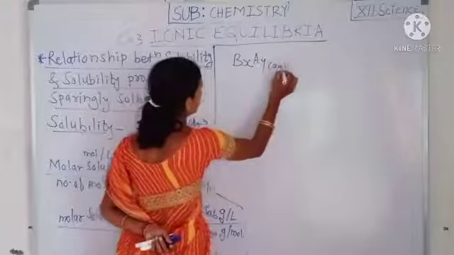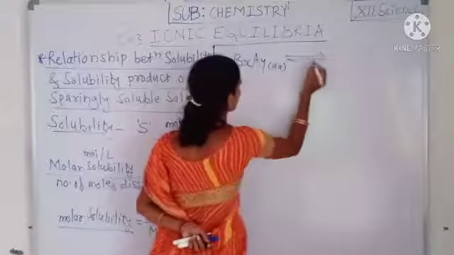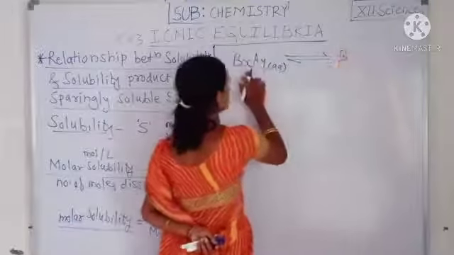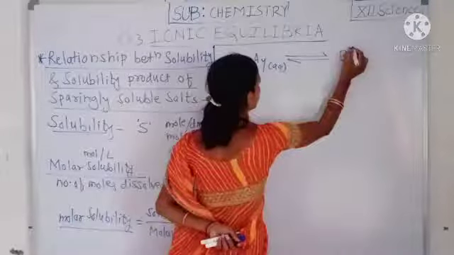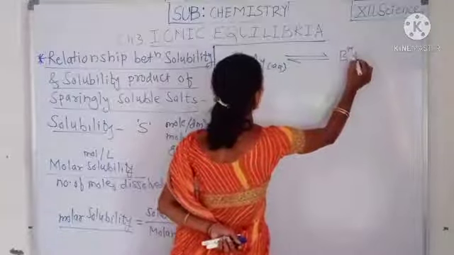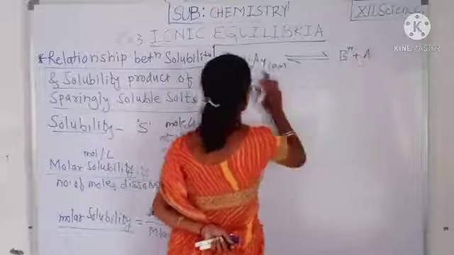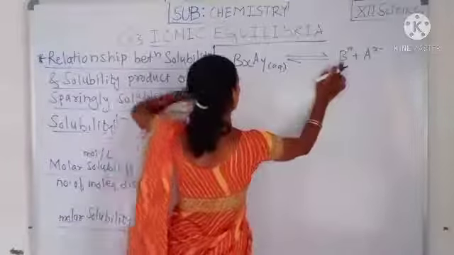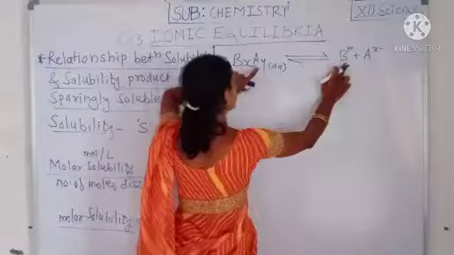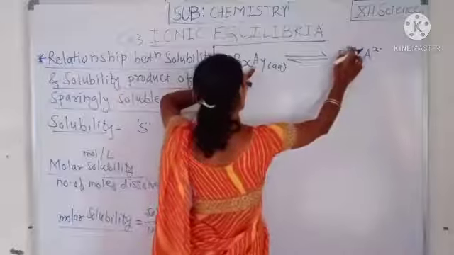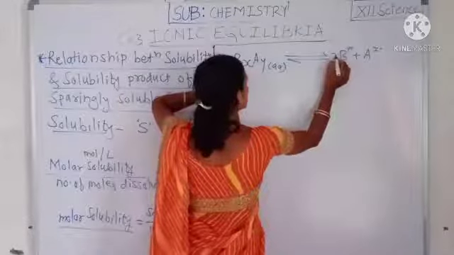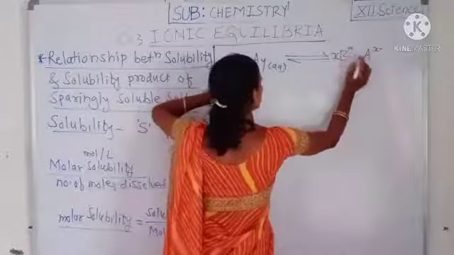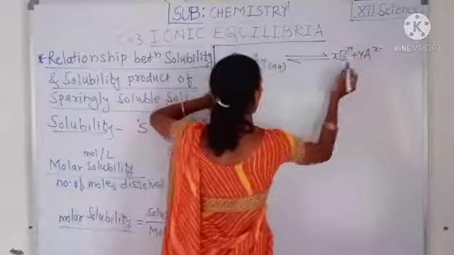In aqueous medium it dissociates to give B raised to y plus ion plus A raised to x minus ion, with the number of moles of B raised to y plus ion being x, whereas the number of moles of A minus ion is y.